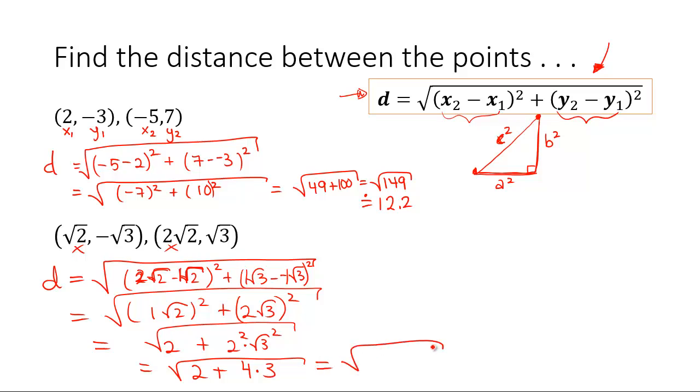So that's the square root of 2 plus 12, which is the square root of 14. Now that doesn't simplify, but you can approximate it or use the symbol, one of those two. The square root of 14 is approximated by 3.7. So that is the distance between those 2 points.